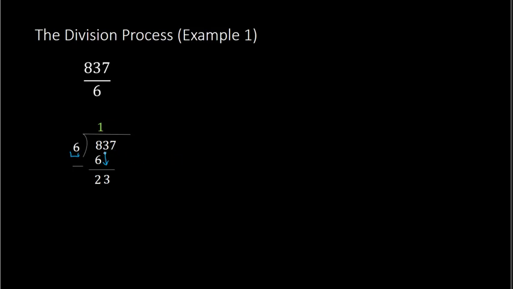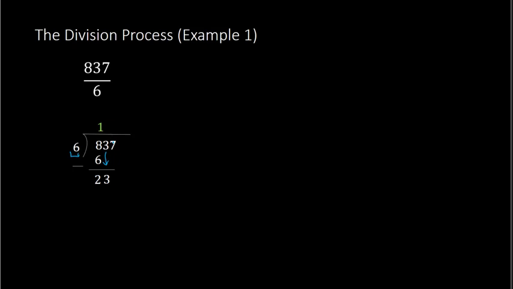Now from here, we have to see how many times 6 goes into 23 without going over. If we think through it, 3 sixes give 18, so we can fit 3 sixes into 23, but we cannot fit 4 sixes into 23 because 4 times 6 is 24, which is too big. So I can fit 3 sixes into 23.